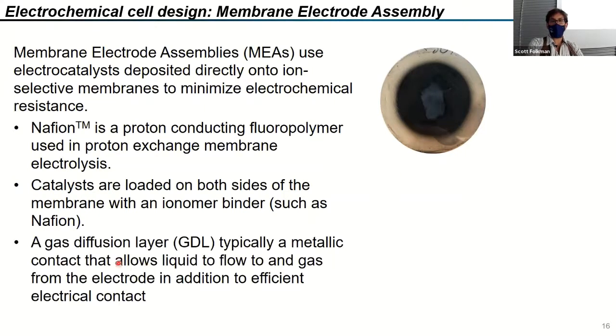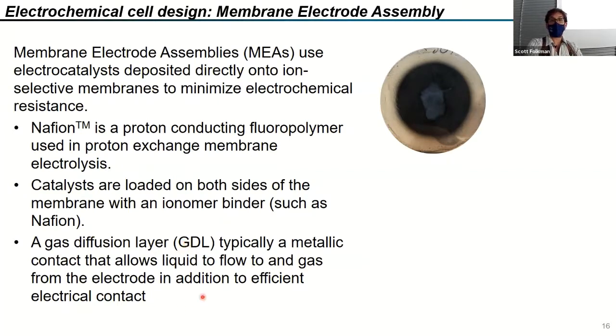And then you would add an electrical contact that serves as both a metallic electrical contact, but also allows liquid to flow to the catalyst surface and gas to diffuse away from it. And this is called a GDL, a gas diffusion layer.